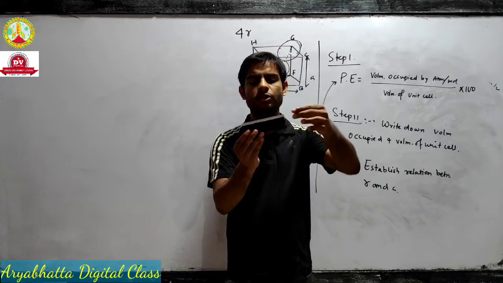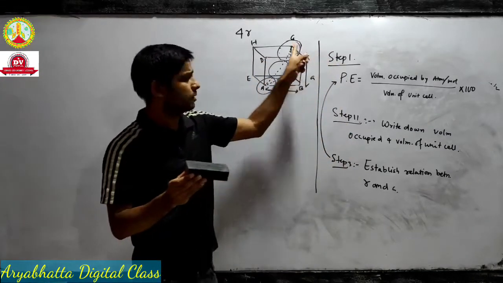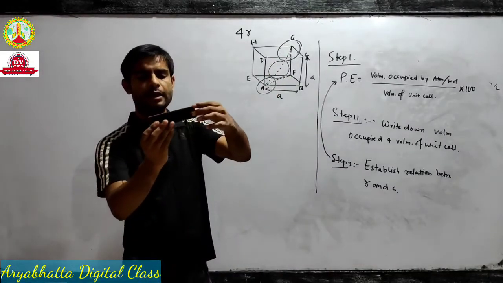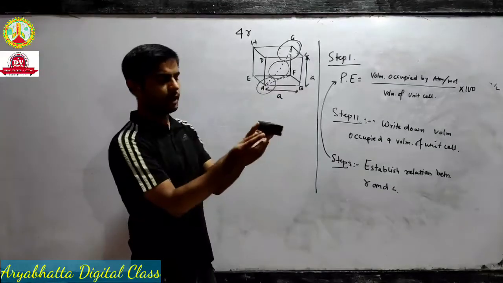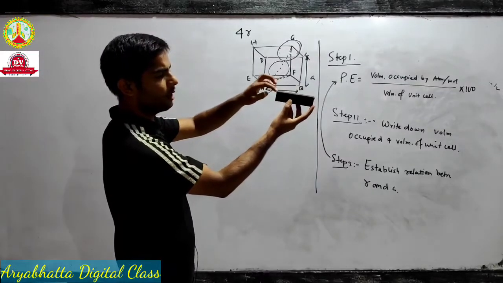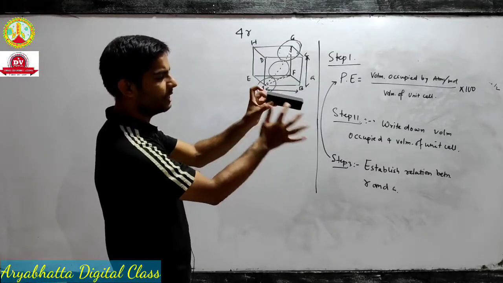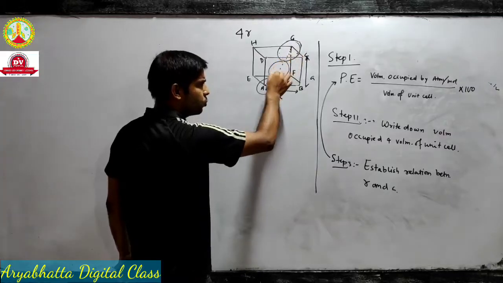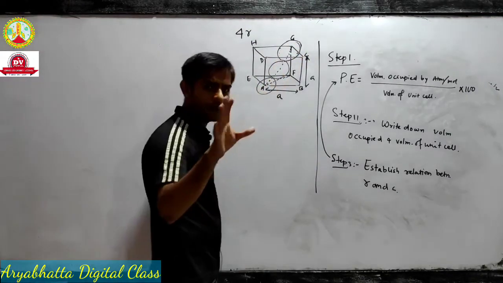We are choosing one corner, and the diagonally opposite lower corner, one above and one at the bottom, and connecting these two points. This is R, 2R and R, so obviously the total length will be 4R.